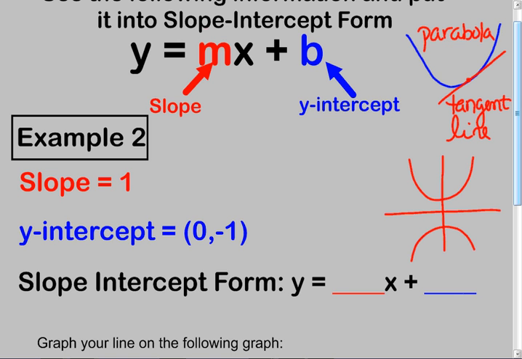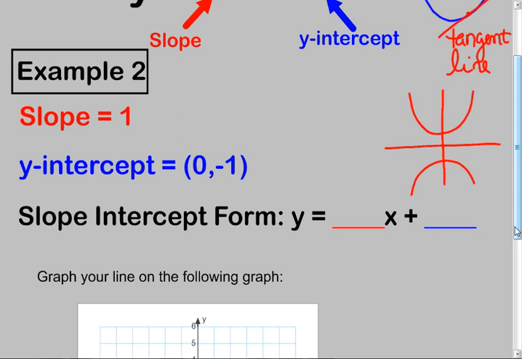Okay, so how about this one? What's the slope here? 1. And Luke, can you tell me the y-intercept? Y-intercept's right here. That's the x value. I want the y value. -1.